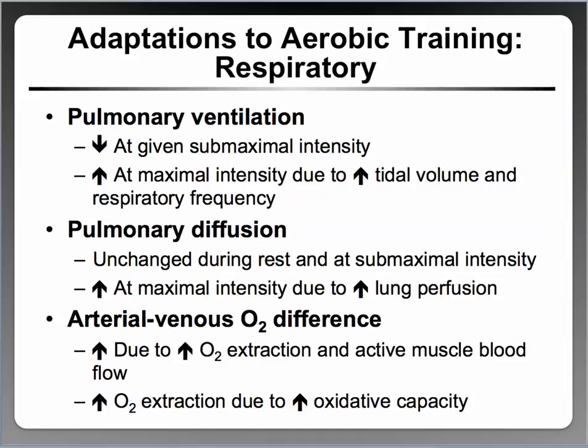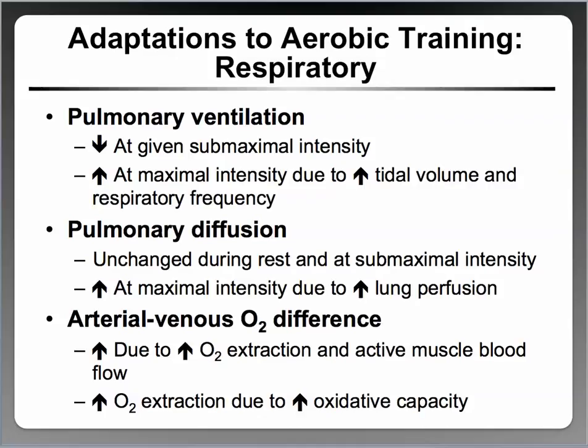So let's talk about the AVO2 difference. And this is measured as the milliliters of oxygen per 100 milliliters of blood. Basically we'll look at the arterial side of the vascular system, and we look at the venous side of the vascular system, and we subtract what's there.